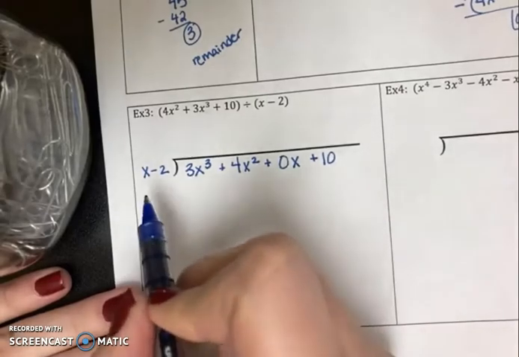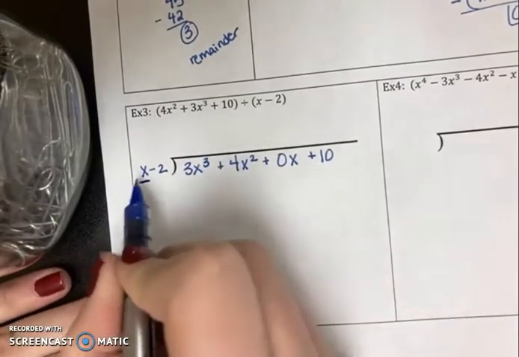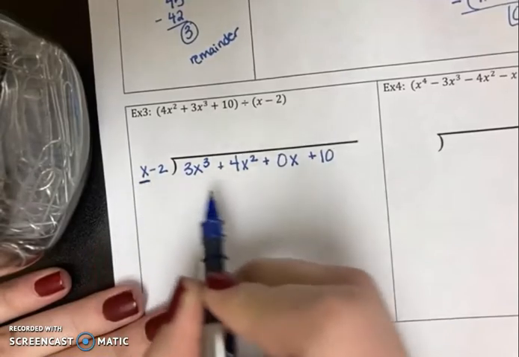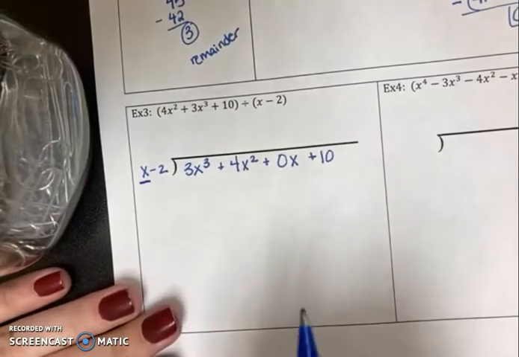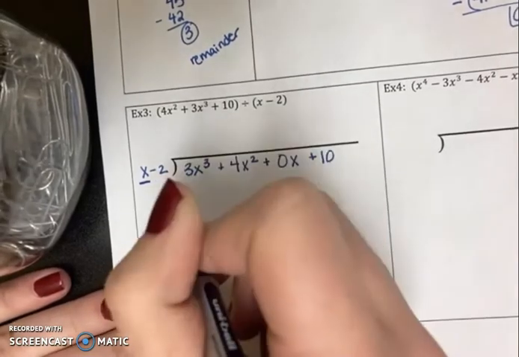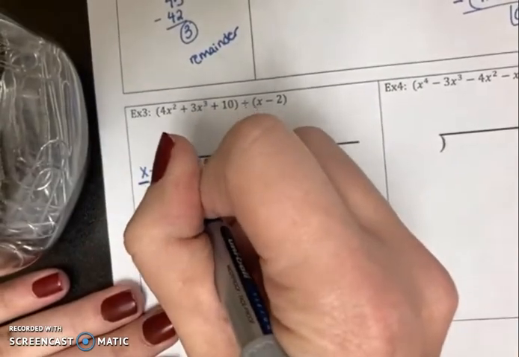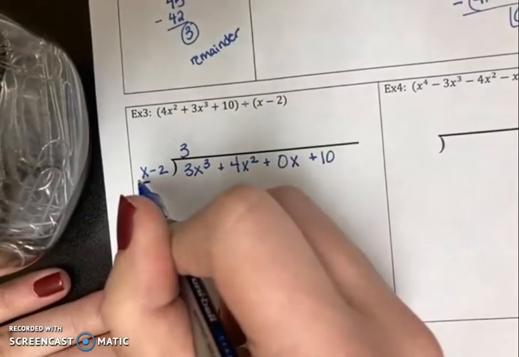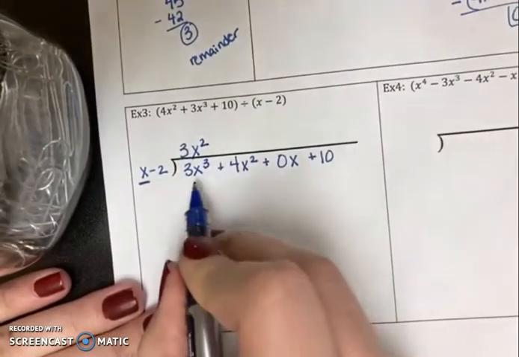And remember, we have to ask ourselves, what do we multiply the x by, so that first term in our divisor, in order to get the first term here, so the 3x cubed? Well, in order to go from here to here, I have to multiply 1 by 3 to get 3, and I have to multiply x by x squared to get x cubed.